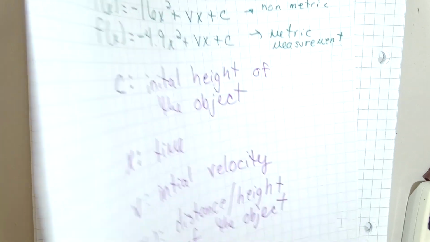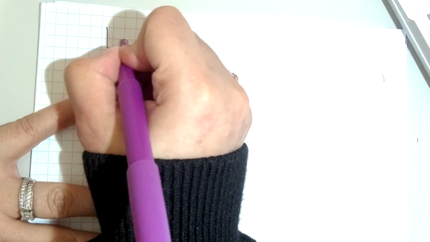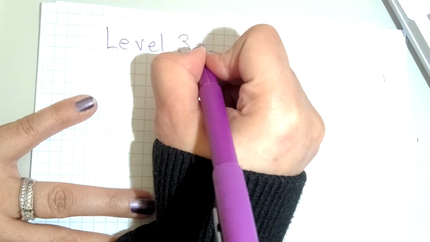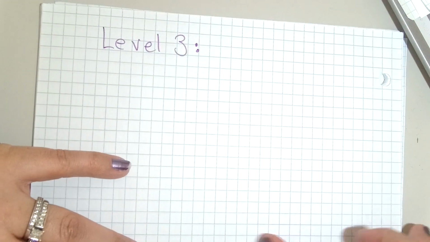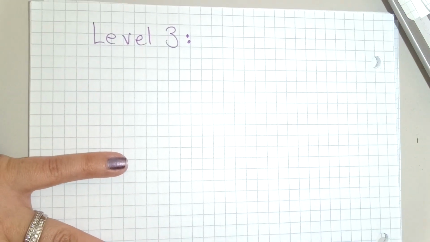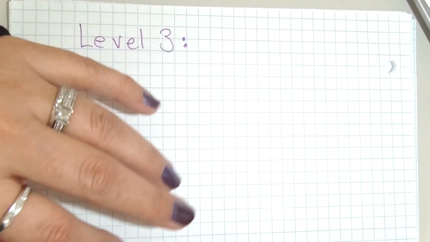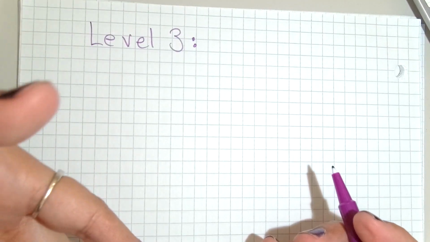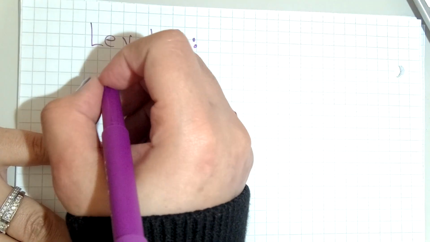Okay. Everybody's done? Okay. Yesterday we did level 2. Specific to level 3, I'm going to give you some information. So level 3, this is what you're going to need for level 3. In level 2, they give you the equation, and all you have to do is find the derivative.